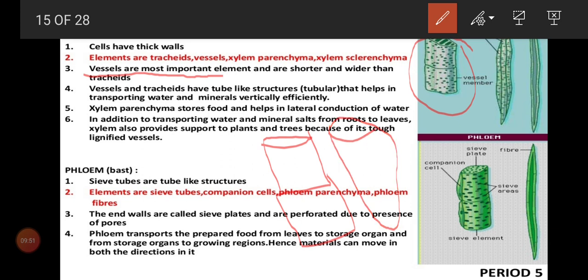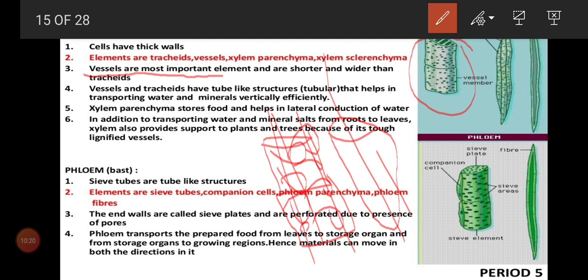Both vessels and tracheids are tube-like, and they help to transport water and minerals vertically, not in a horizontal manner, children. They transport water vertically through small pores present in their body.